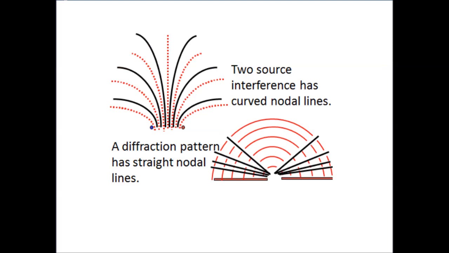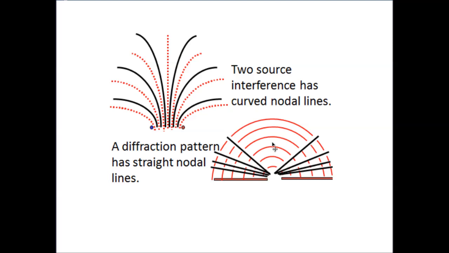In comparing the two, when you can see the nodal lines, you have this very clear difference in the fact that you have hyperbolic nodal and antinodal lines for two-source interference, and you have straight nodal lines for diffraction, which could also be spoken of as multi-source interference.